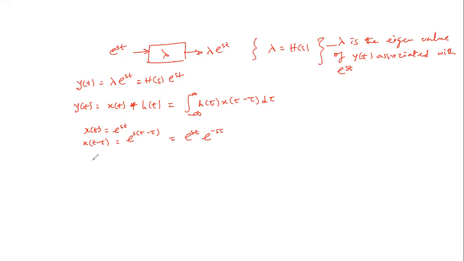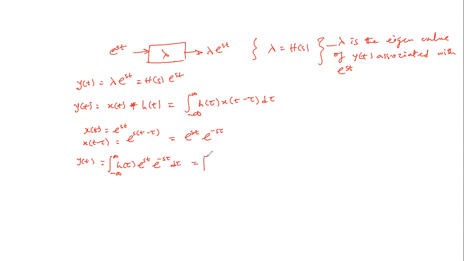And from here, we can substitute into this expression such that y of t will now be the integral of h of tau e^(st) e^(minus s tau) d tau.